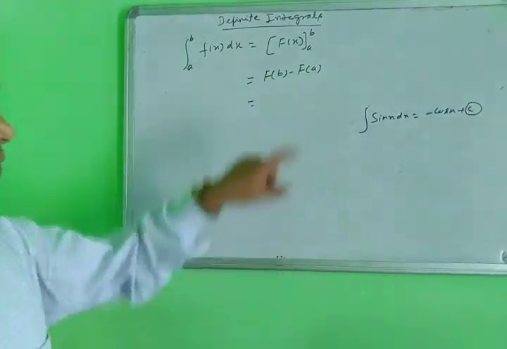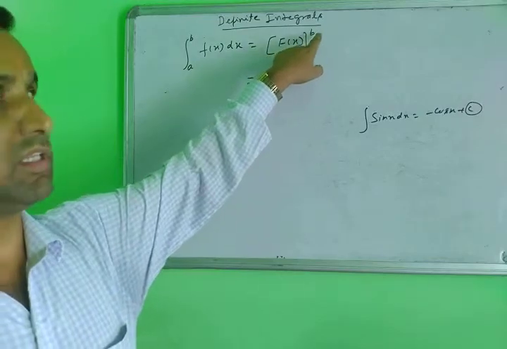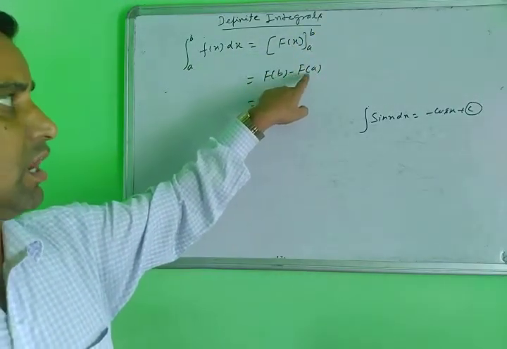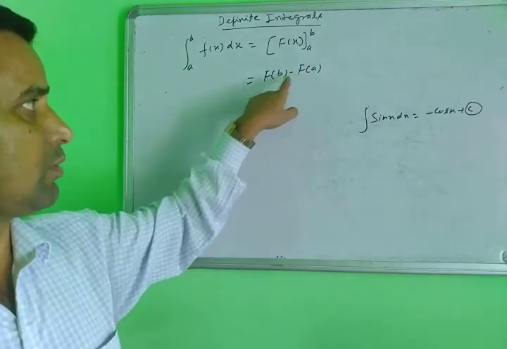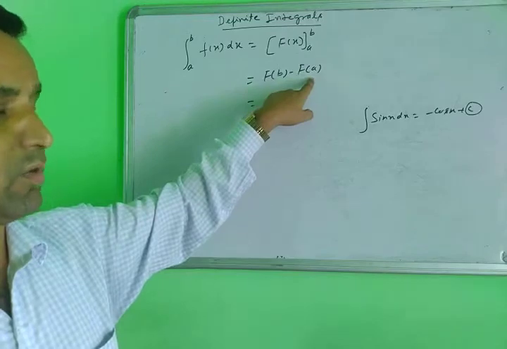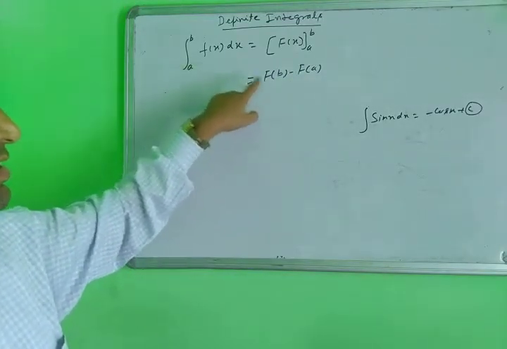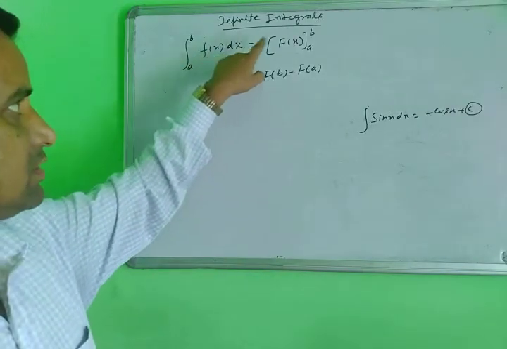This means first you put the upper limit in the function, and then minus, you put the lower limit in the function. The difference of the upper and lower values will be the final answer of this integration. But how do you integrate in this form?